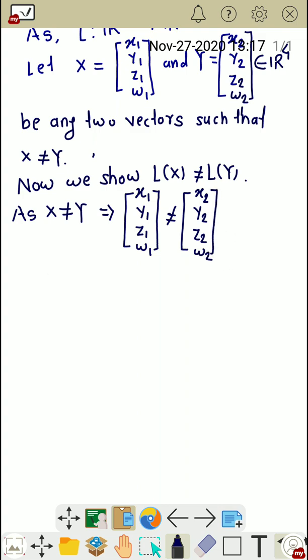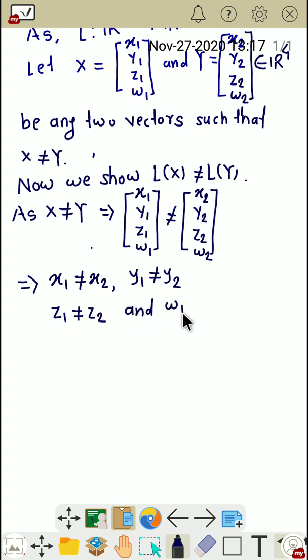So this implies that x1 is not equal to x2, then y1 is not equal to y2, then z1 is not equal to z2, and finally w1 is not equal to w2.